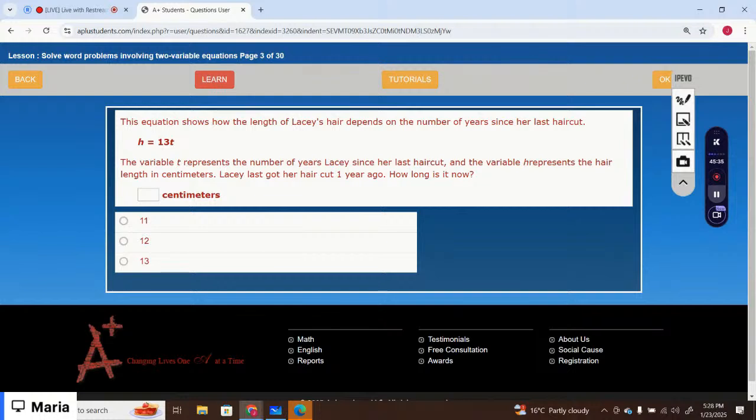The correct option is t equals 1, so 13 times 1 is 13. Option number 3 is the correct option.